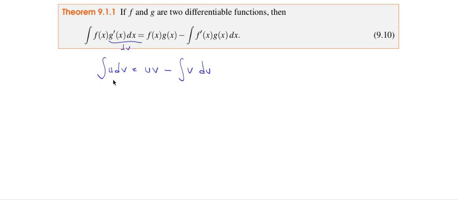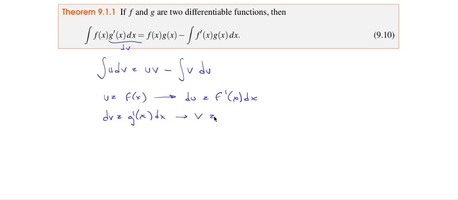It is the same as identifying our function u and our function dv, which is g prime dx, and then being able to compute the derivative of f and the primitive of g. Then you compute it like this.